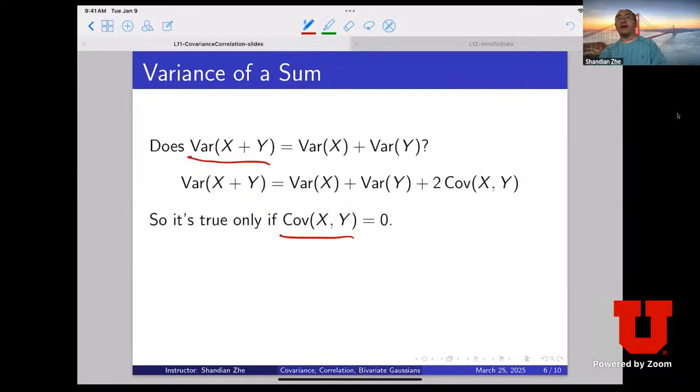Yes, exactly. Intuitively, if X and Y are independent of each other, then their covariance must be 0. And in this case, the variance of X plus Y will simply be the summation of variance of X and variance of Y.